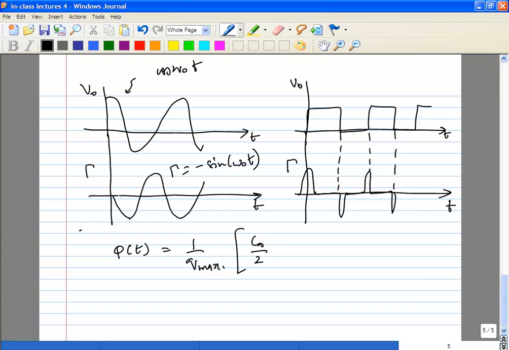So now we put gamma into the Fourier series expression into the phi of t expression.